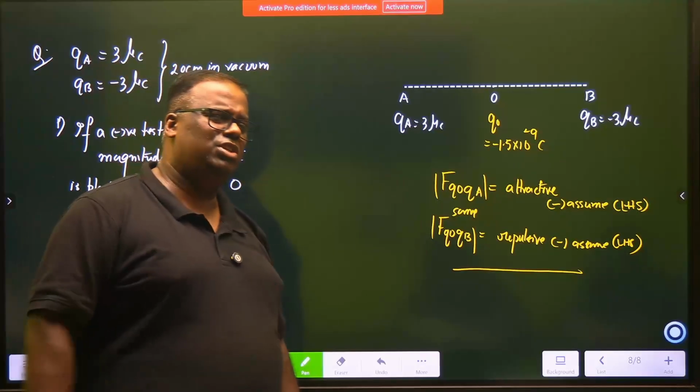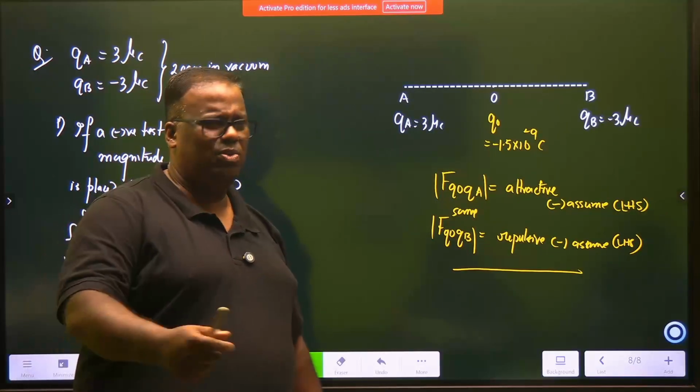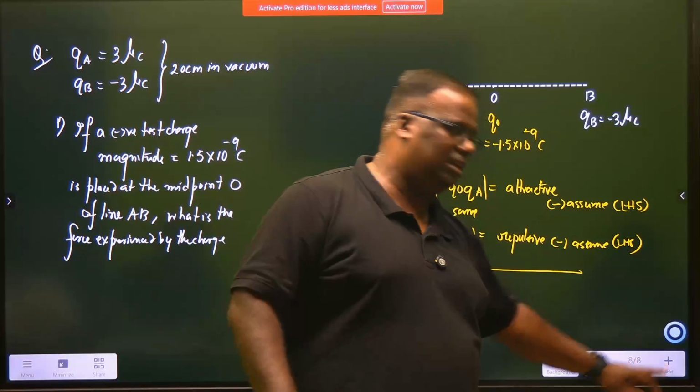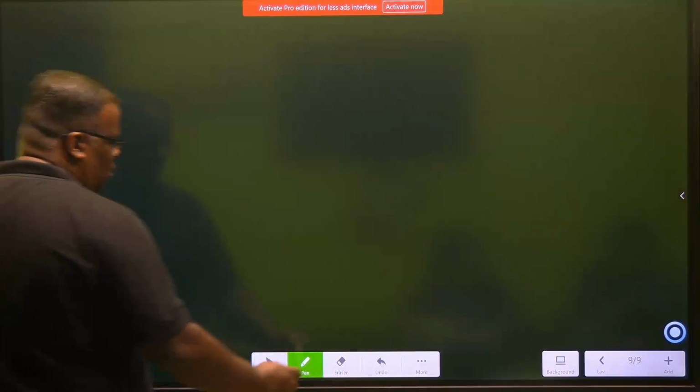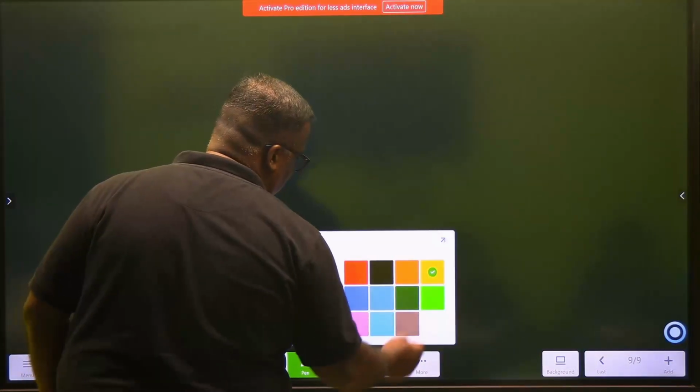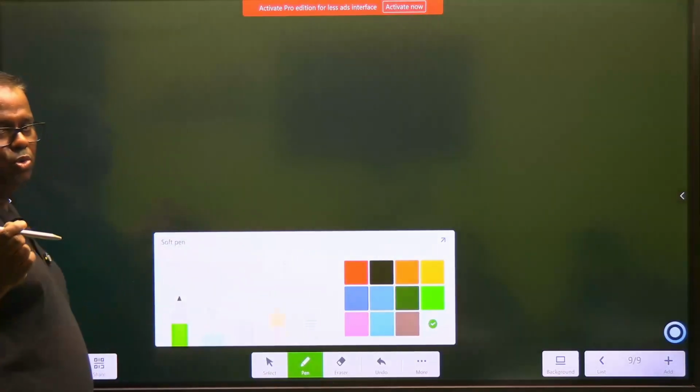Shall we take the superposition theorem? It takes 1 minute. The superposition theorem is not something great. What did Coulomb's law tell us, children? Coulomb's law told us about a two point charge system.